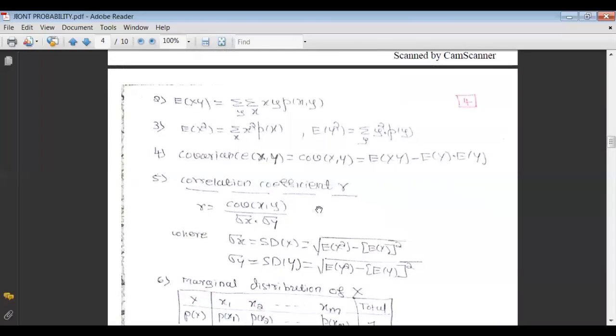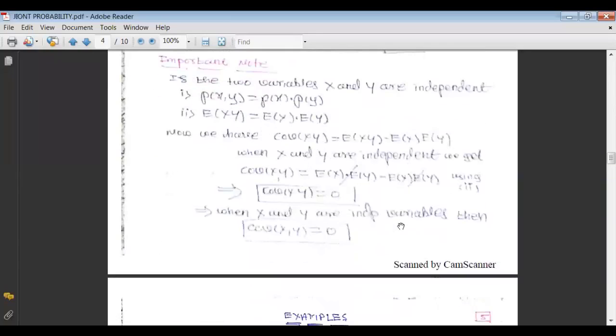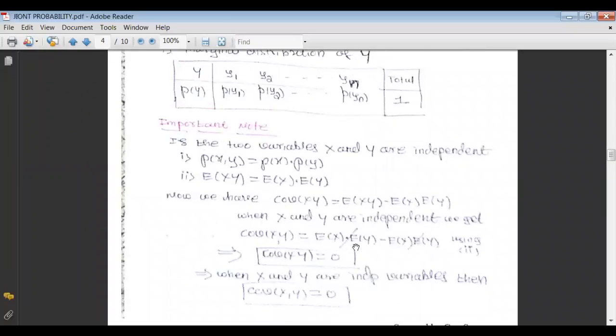Hence, the R value also becomes 0, since the numerator is 0 and it is divided by some denominator. Therefore, we can conclude that if the variables x and y are independent, the covariance term becomes 0, and the correlation coefficient is also 0.